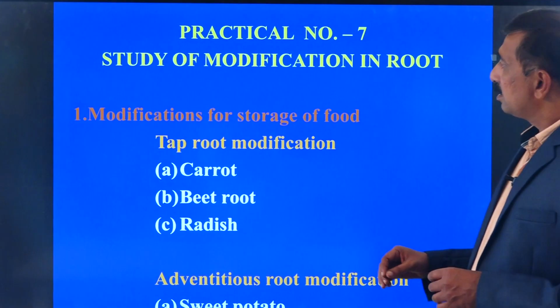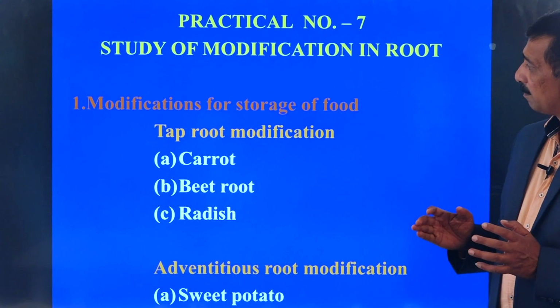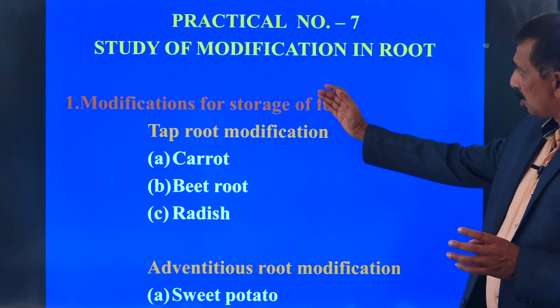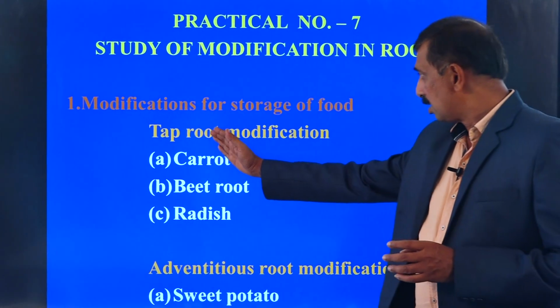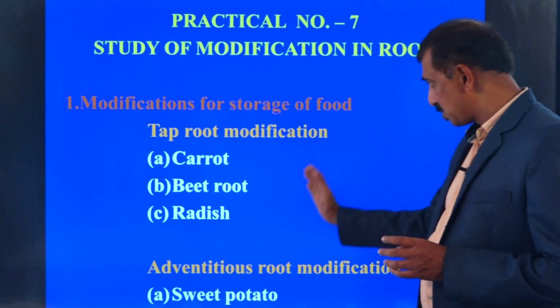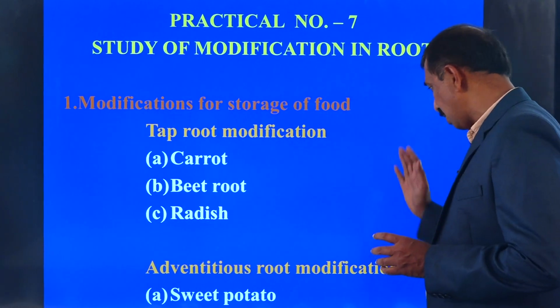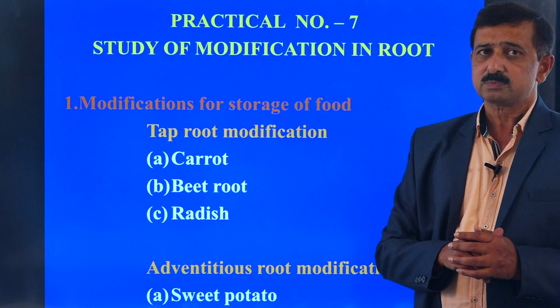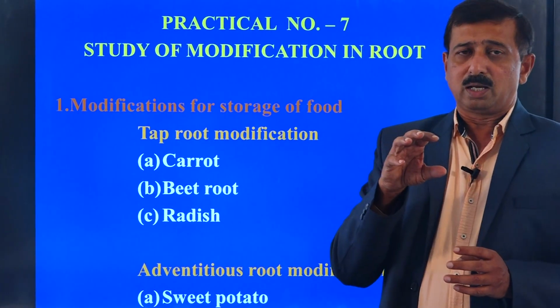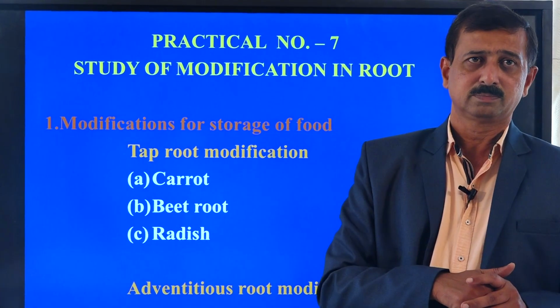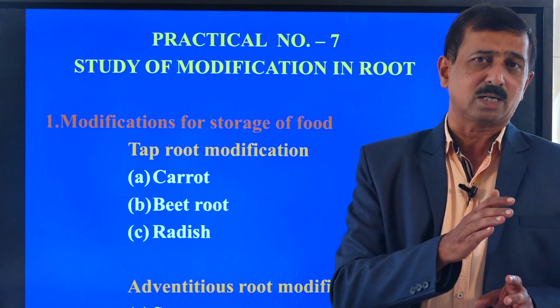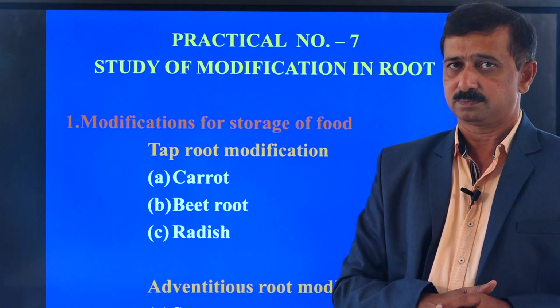See, based on the shape, the root modification for storage is categorized into taproot modification and adventitious root modification, where in some of the plants the taproots are modified and in some other plants adventitious roots are modified.